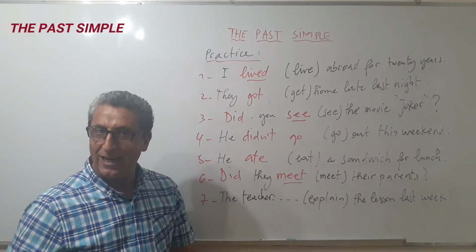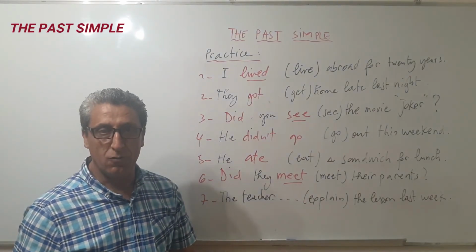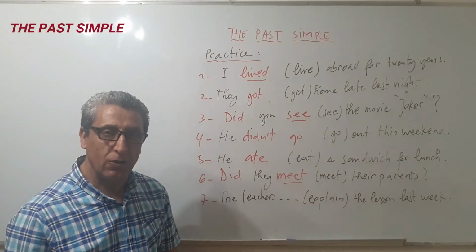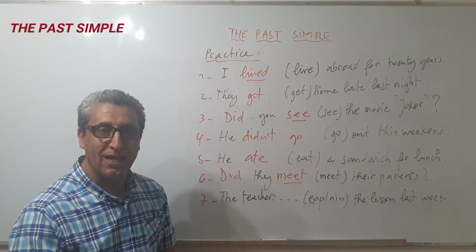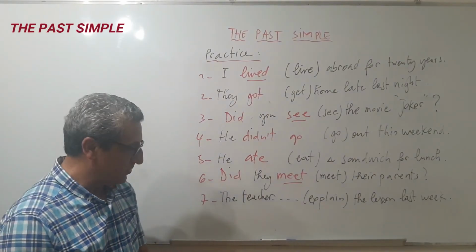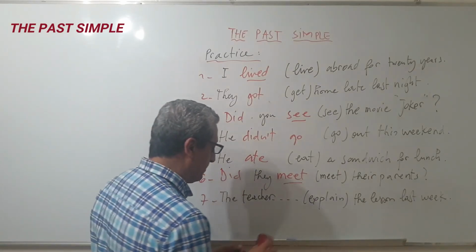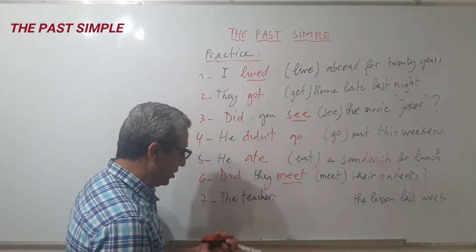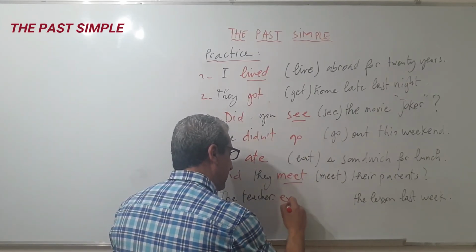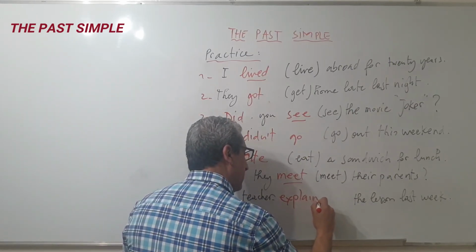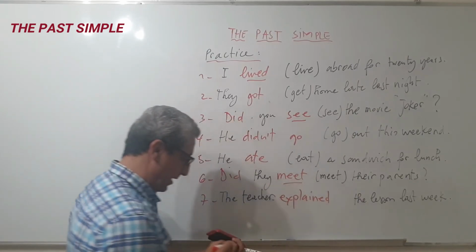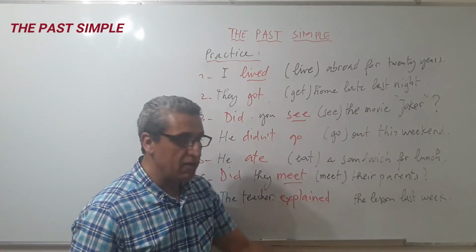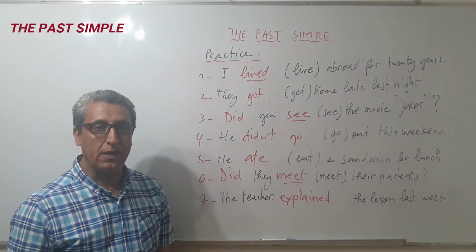And explain is a regular verb. So what are we going to do here? So it's the verb plus ed. Very good. So the teacher explained. The teacher explained the lesson last week.